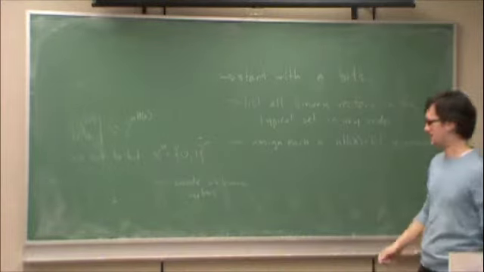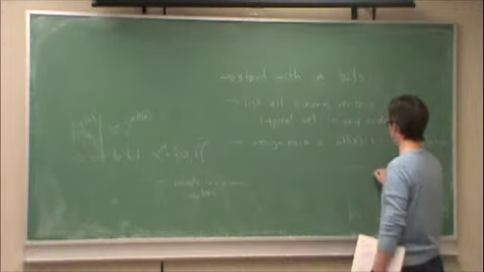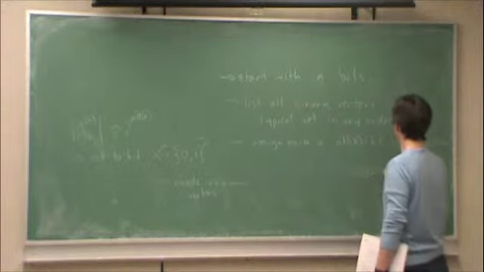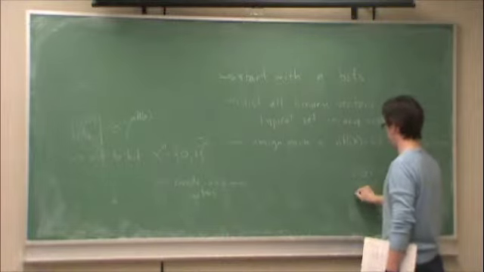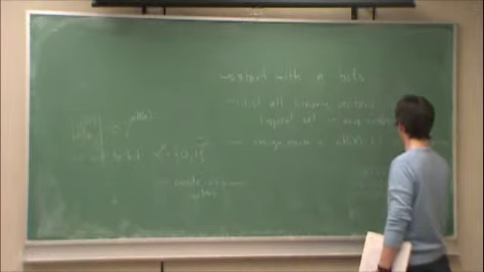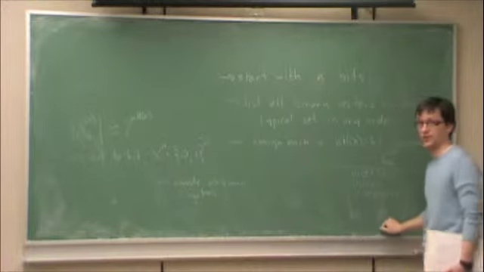So in other words, we'll have a list like this. Here are the sequences in the typical set, and so on. So these will be sequences in the typical set, listed in any order.